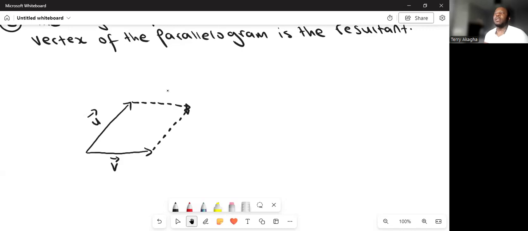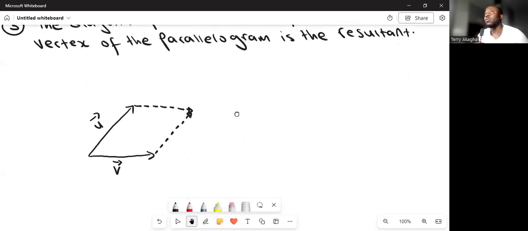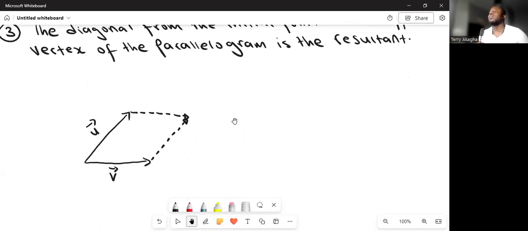All right. Then step 3, which was what we talked about, is the diagonal. From the initial point to the opposite vertex is the resultant. The diagonal is the resultant. So when you draw a line from this point all the way to the vertex there, that is going to be the resultant.